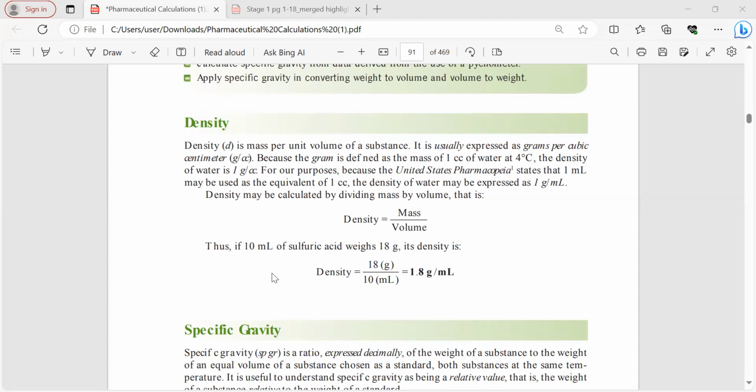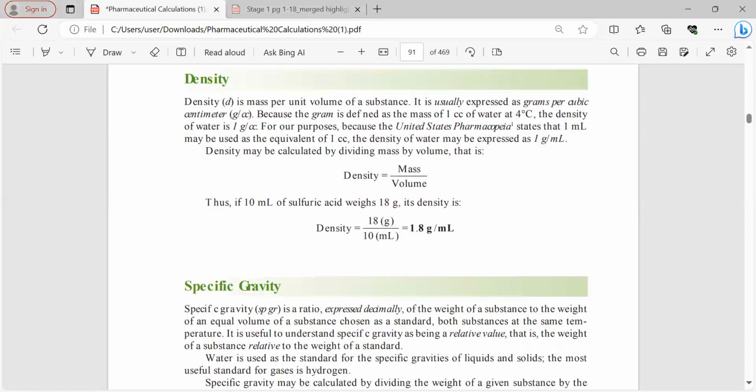So now hiyo ndio inatumikanga kama the standard. So you just take the weight of a substance, then basically divide by an equal volume of water to get the gravity.